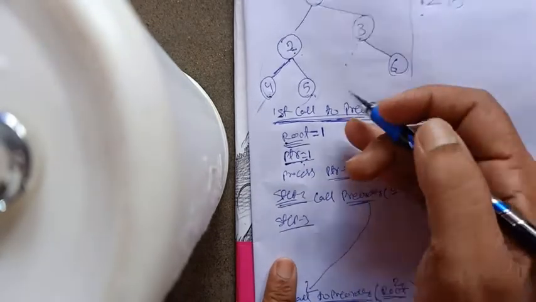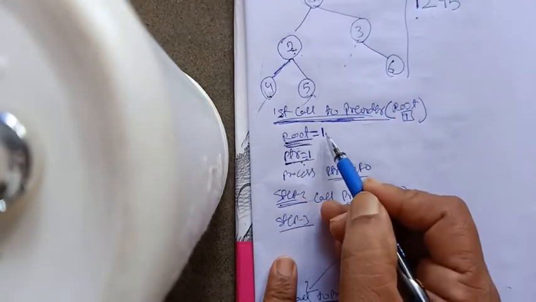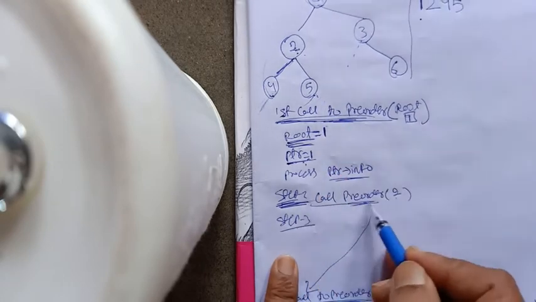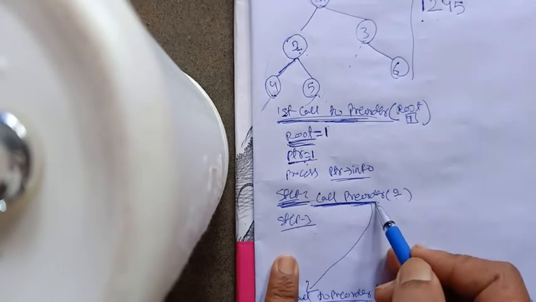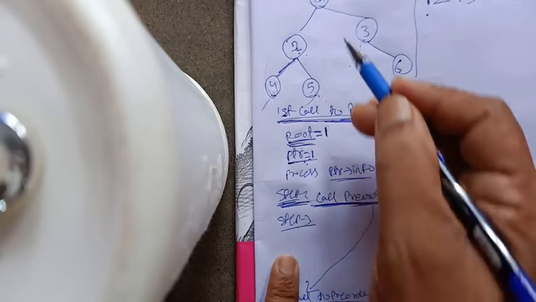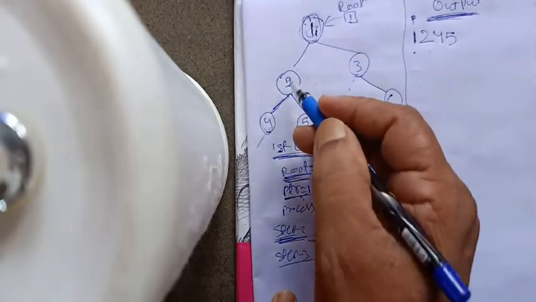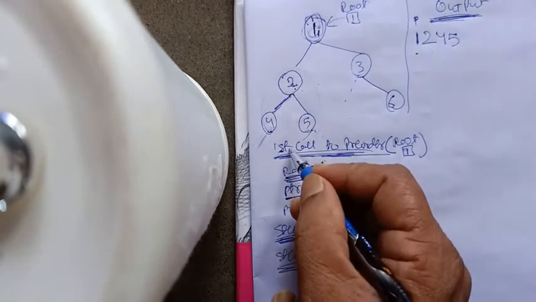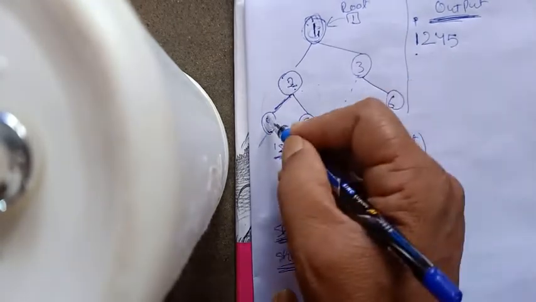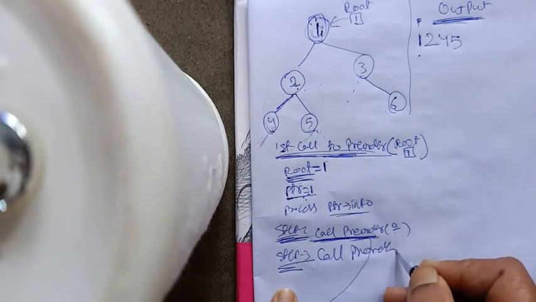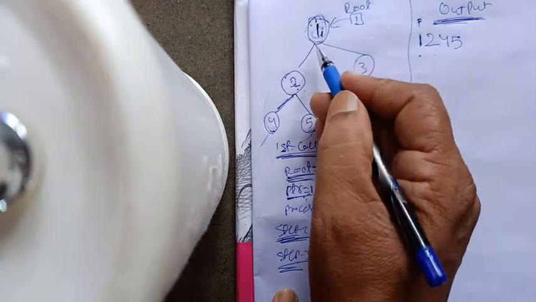In the first call, where the root was 1, step 2 is completed, meaning the left subtree of the root is completely processed. Now we have step 3 in the first call, which suggests the right subtree. So call preorder and pass the right of 1.